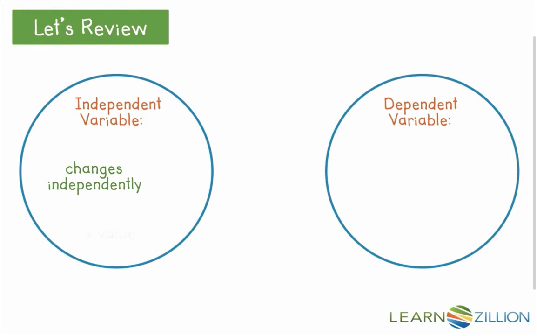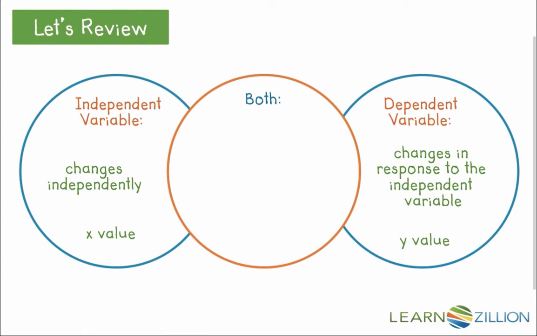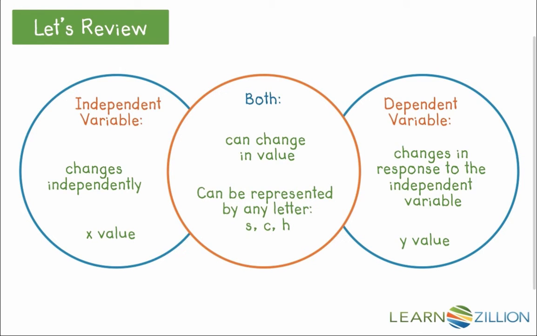It's generally referred to as the x value. A dependent variable is affected by the independent variable and changes only in response to the independent variable. It is generally referred to as the y value. Both variables can change in value and can be represented by any letter like S, C, or H.